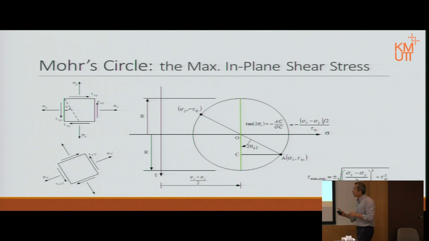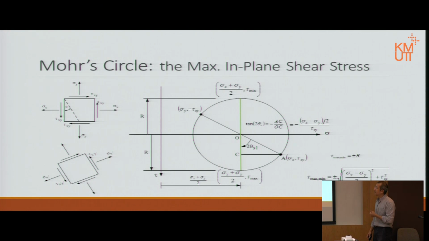The first coordinate will be sigma x plus sigma y over 2, which means that is the normal stress when you find the maximum and minimum shear stress. Again, the same as the calculation and the mathematical proof. And that is equal to the radius itself. As I indicated, the first coordinate, the normal stress, is as proved mathematically.